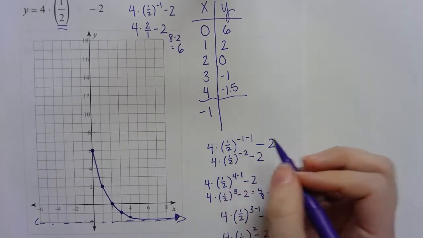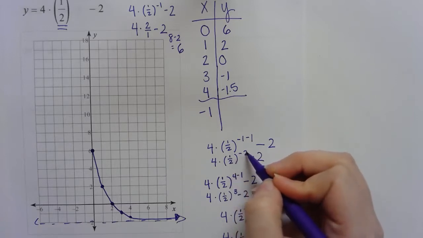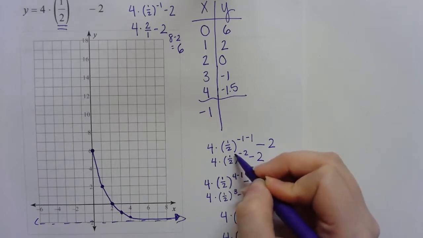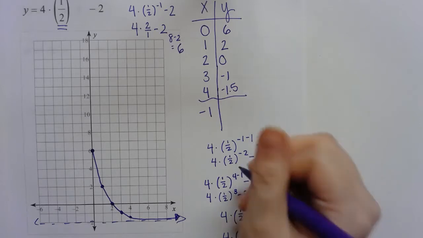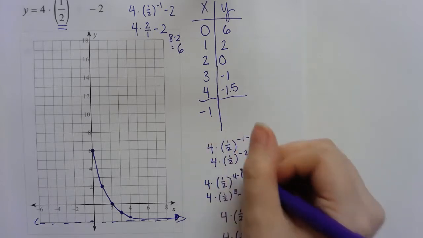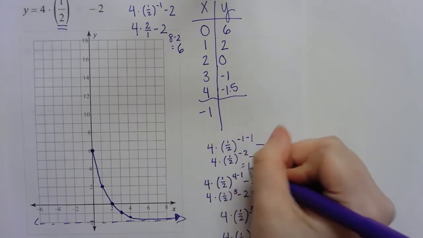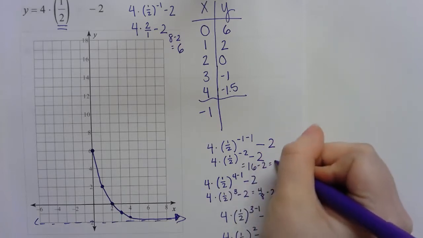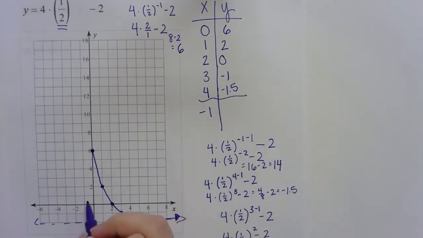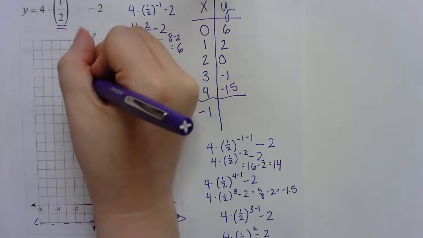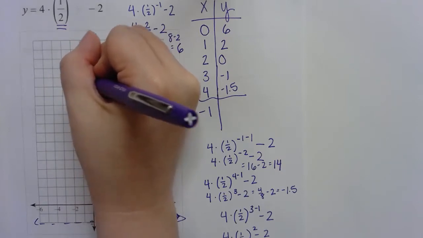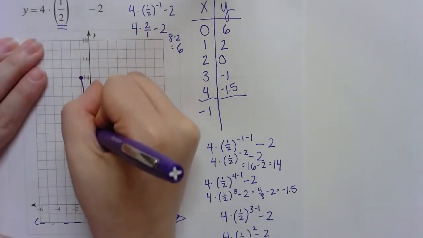Now, 1/2 to the negative 2, I'm going to flip it and square it because the negative tells me I flip it to 2, and then 2 squared is 4. So that's 4 times 4, which is 16, minus 2, which is 14. So it should be at negative 1, 14. And then it comes down from there.